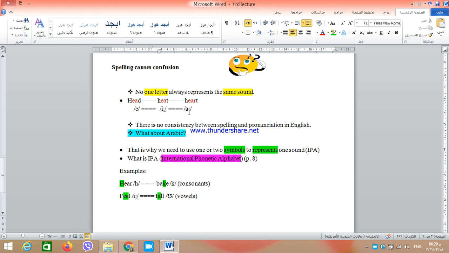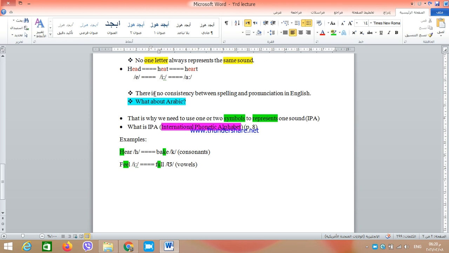Here we have a, hot. So you can see that the same letters result in different sounds. Each time we have a different sound. So we cannot rely on spelling. In English, we cannot rely on spelling. And the conclusion is there is no consistency between spelling and pronunciation in English.